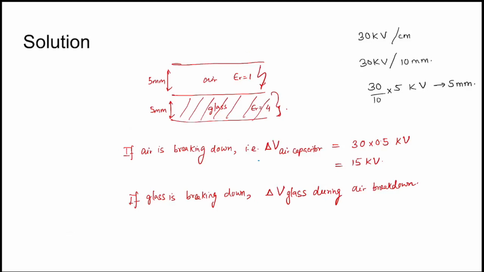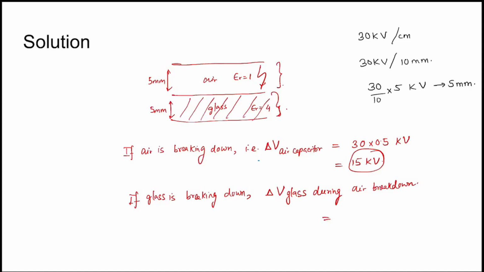So we need to consider this case only, where the air is breaking. That will be the maximum voltage, because we don't want any of the dielectrics to break. So at the moment air was breaking, that is during this 5 millimeter, when 15 kV was applied across the air capacitor, what was the delta V for the glass capacitor?